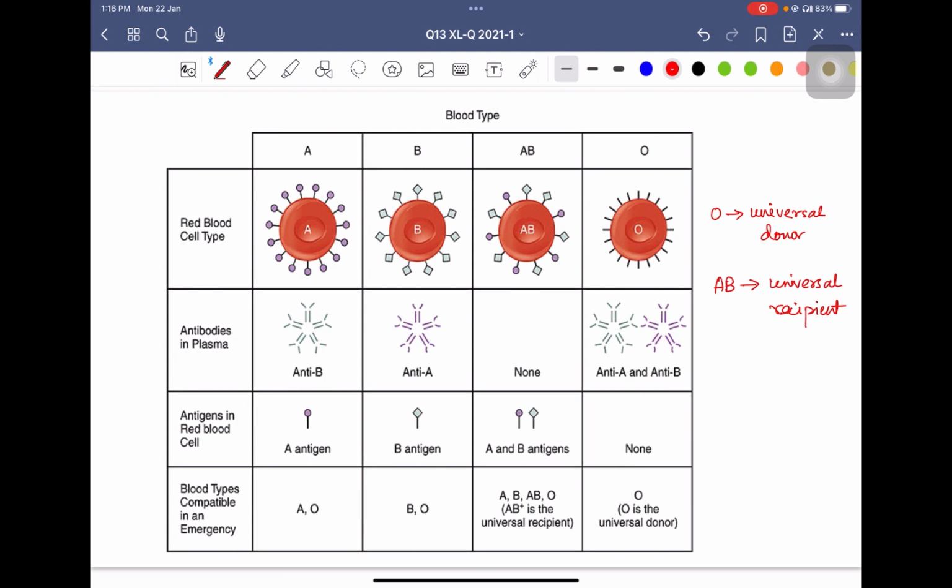All right. So here, in case of blood transfusion, there is a rule. The rule is that the donor's antigen should not react with the recipient's antibodies.